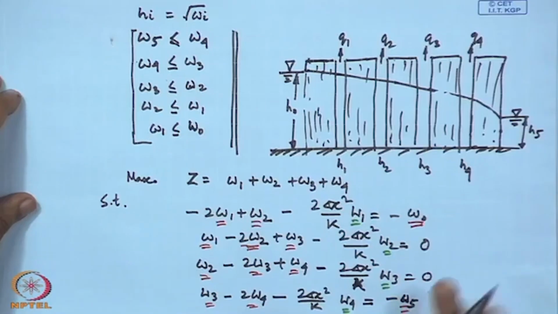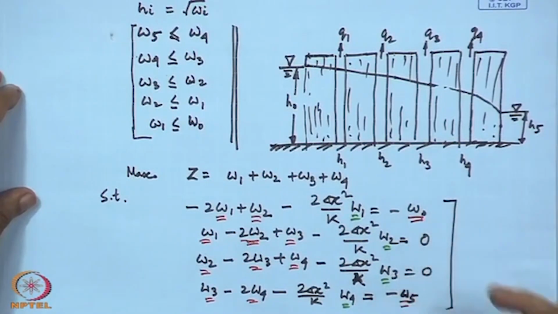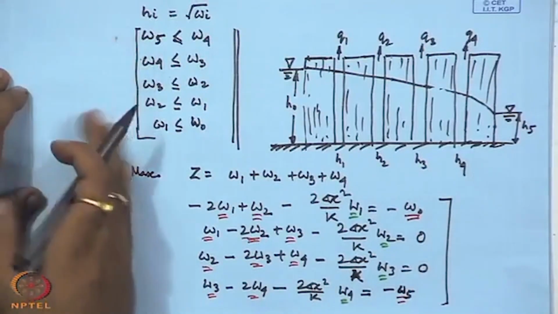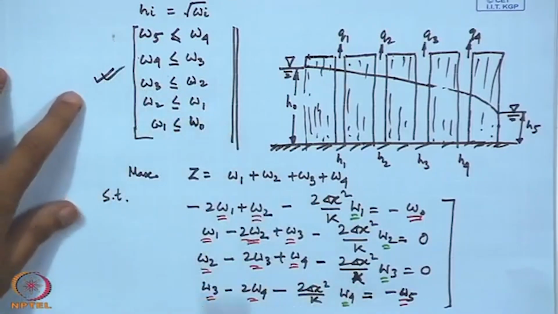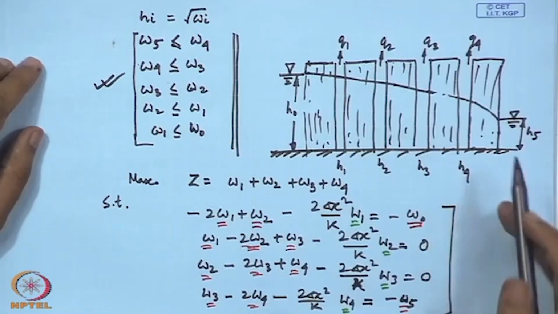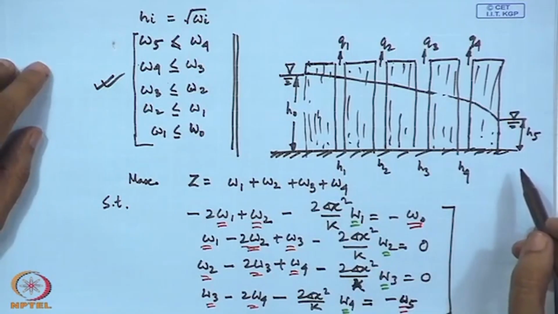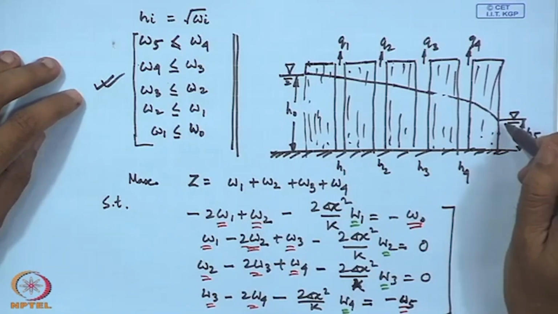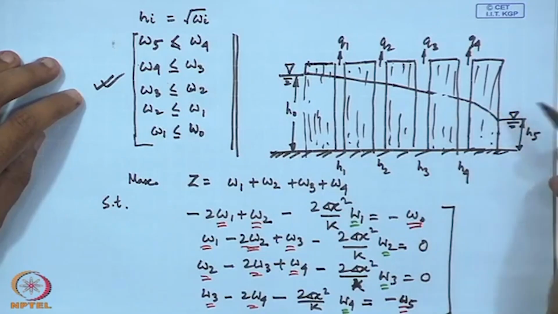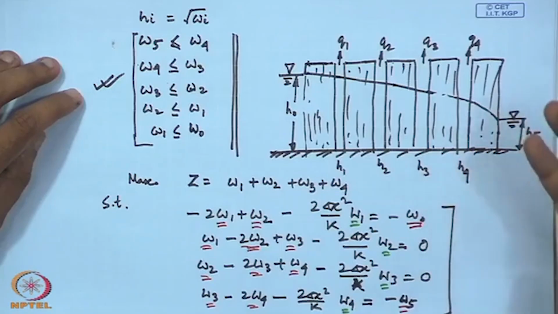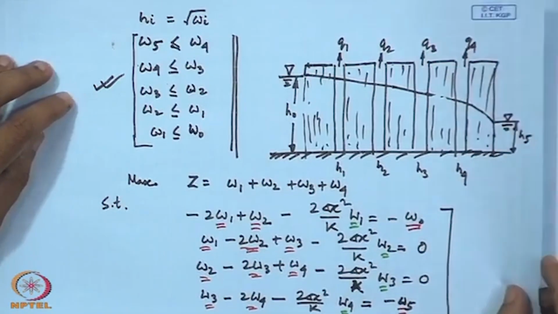Now, this set is the binding constraint, and this particular set which we have already written is valid for the optimization problem that will give a proper result, because any down gradient hydraulic head cannot be greater than the up gradient value.